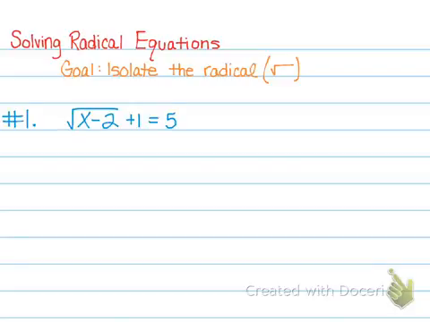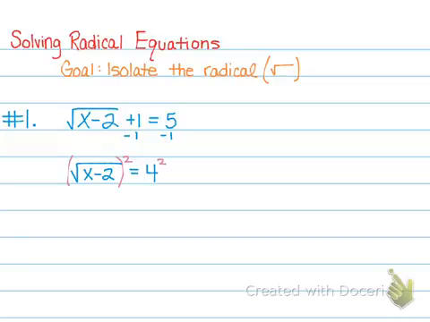So looking at example 1, the one thing that I need to do first to get the radical by itself is subtract 1 from both sides. So then I'm left with the square root of x minus 2, and that stays together since it's under the radical, and now it equals 4. So now that it's isolated, what I can do now is take the square of both sides.